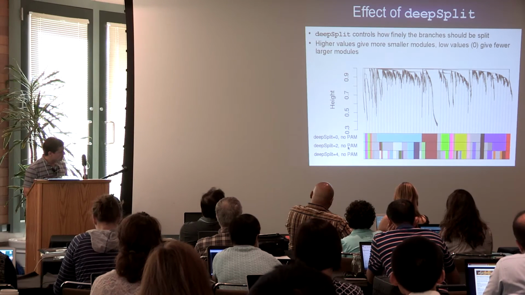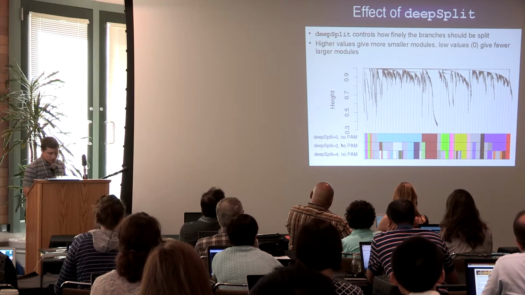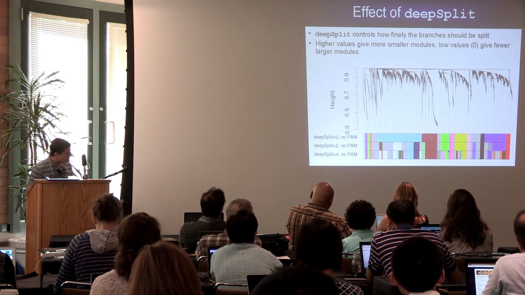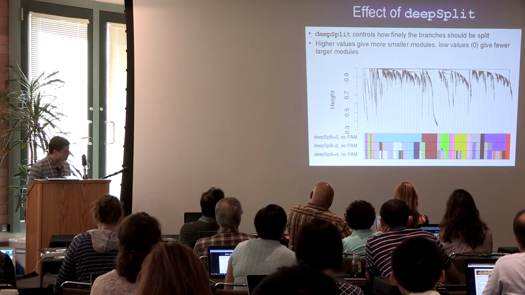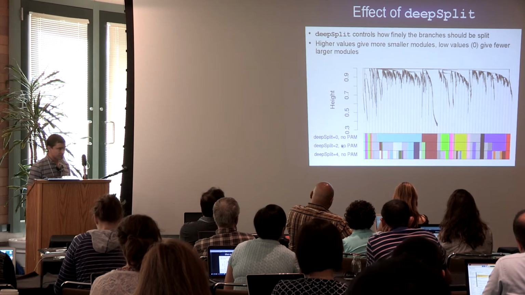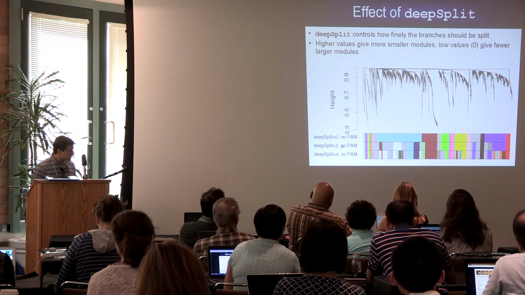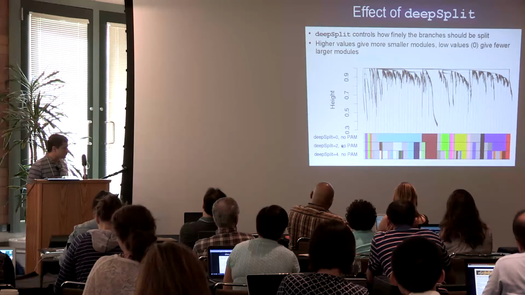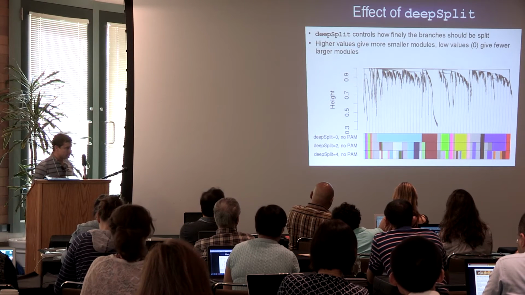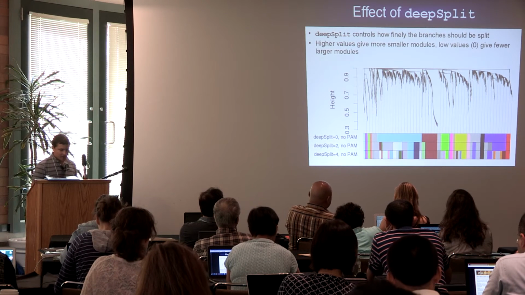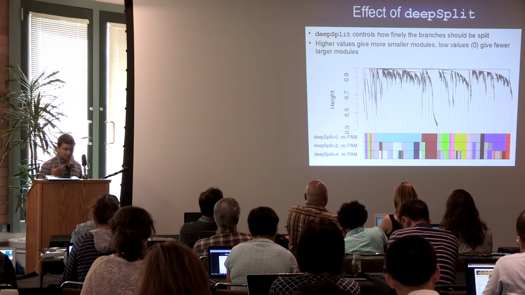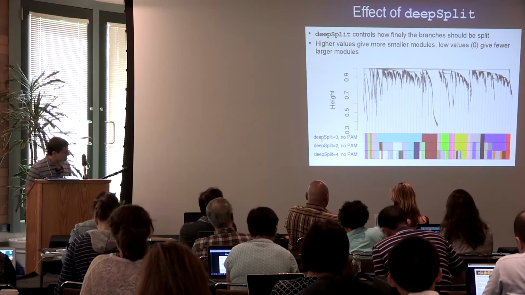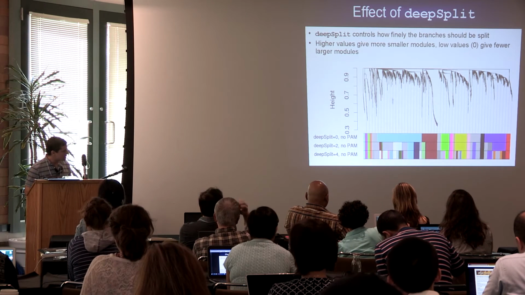If you increase deepSplit to 2 and then 4, the big clusters start splitting up into smaller and smaller ones. I usually use deepSplit 2 if you ask me for guidance. I think it's a good compromise between not losing small clusters and not splitting the big clusters too finely, where the fine splits may just be flukes in the data. So this is what deepSplit does. Higher deepSplit gives you finer clusters.